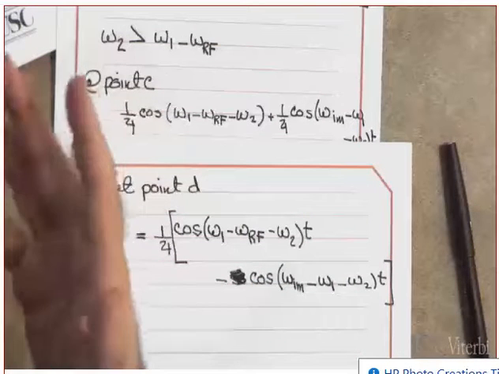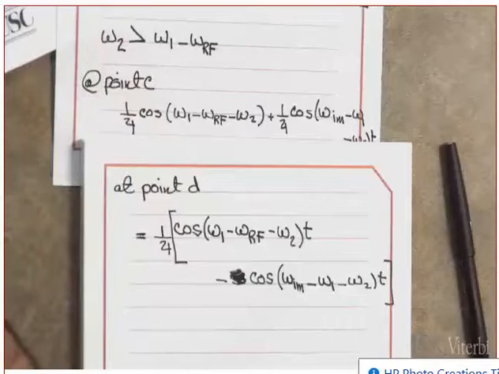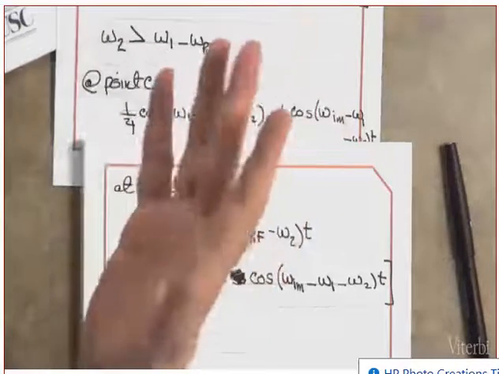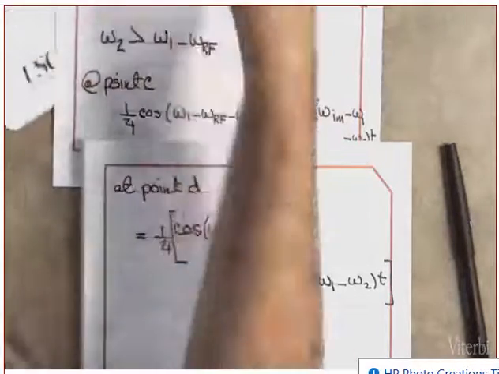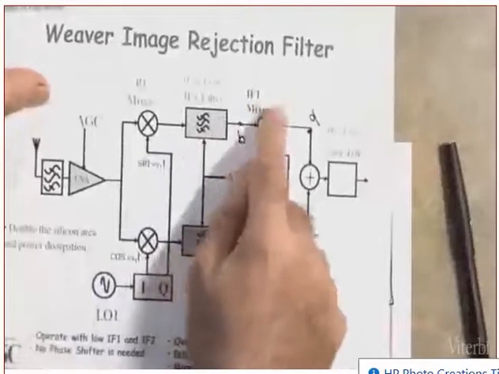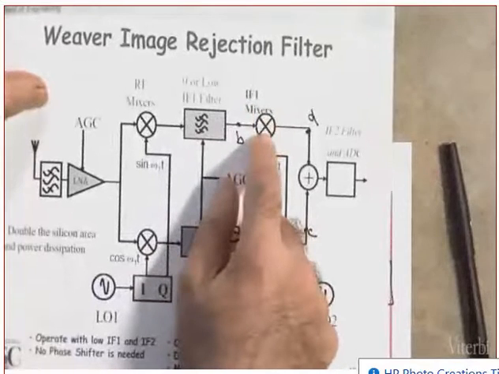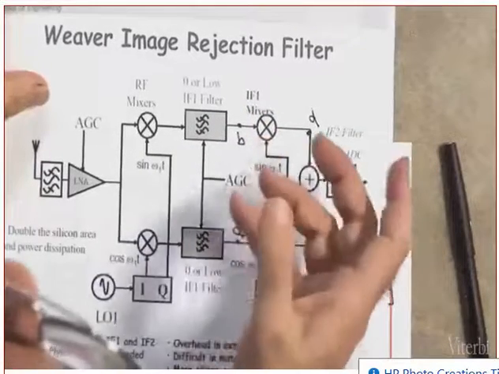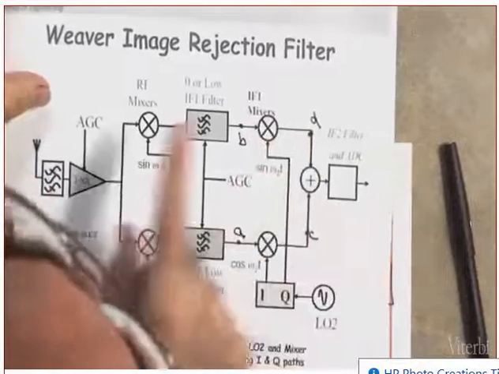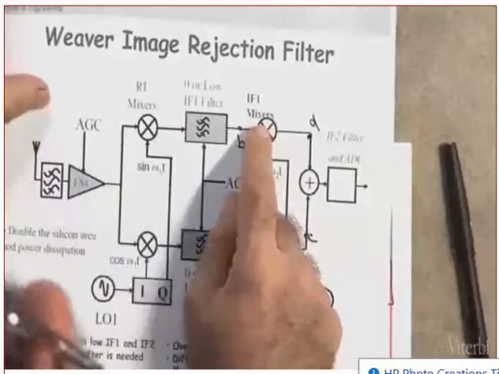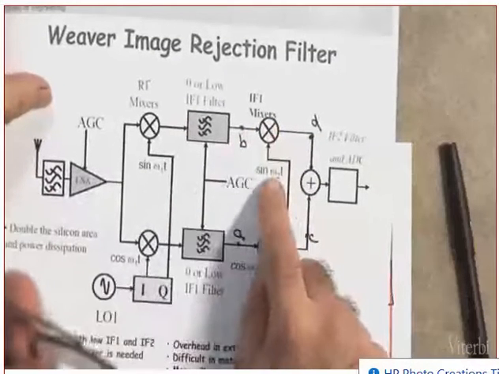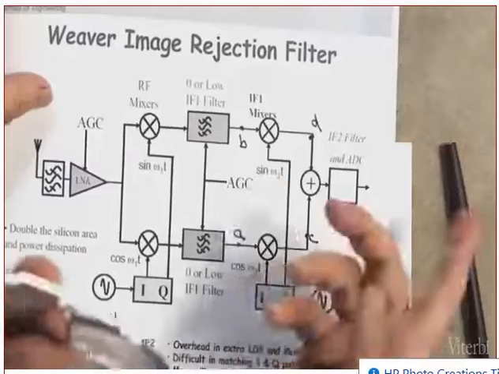You are not going to get what's known as a secondary image. What does a secondary image mean? Let me ask a question. Is it possible that an image will be created here? Yes. There was an image here. Is it possible that another image is created here through the choice of omega 2? Yes.